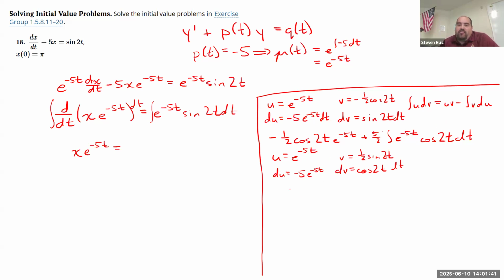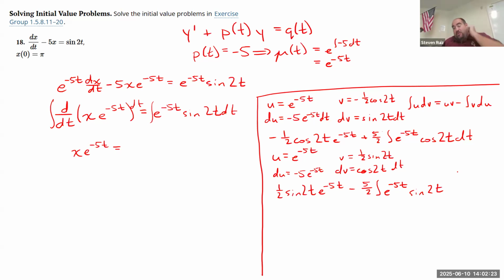So uv will be 1/2 sine of 2t e to the negative 5t minus the integral of v du, which is going to be minus 5/2 times the integral of e to the negative 5t sine 2t.